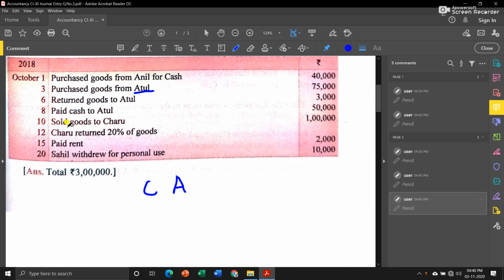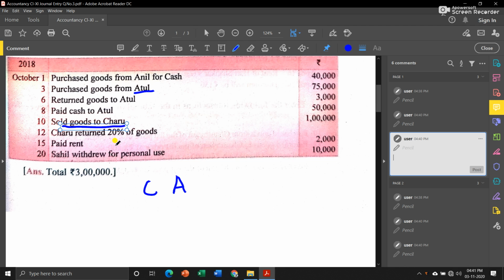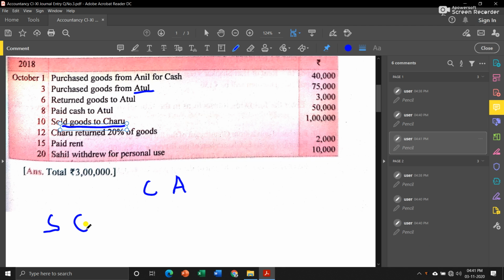Now next transaction is sold goods to Charu, means we sold some goods to Charu. They haven't mentioned whether that sale was made on cash basis or credit basis, so we will consider it as a credit transaction. And in that case the two accounts that are involved, one is sales account and another is Charu account.